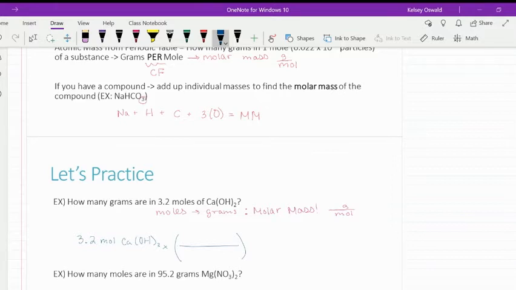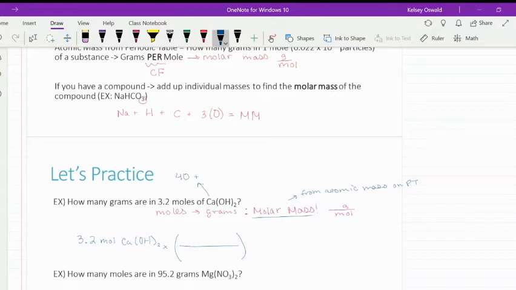Okay. So again, our tool to do that is going to be molar mass. So in order to find our molar mass of calcium hydroxide, we're going to look at the periodic table and see what our atomic masses are for each one of those elements. So if we look at calcium, calcium is going to have a molar mass of 40 grams per mole.